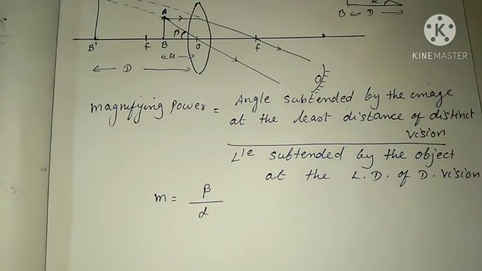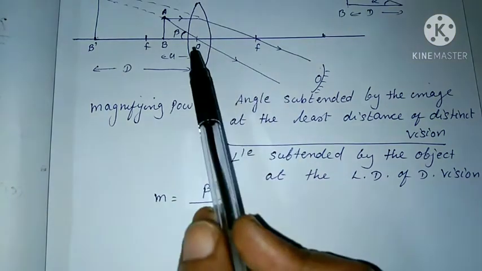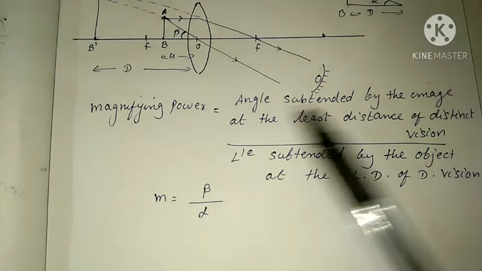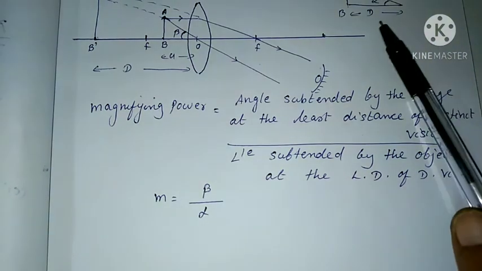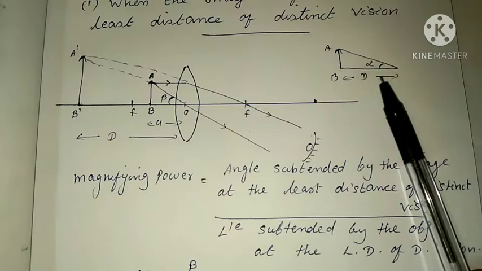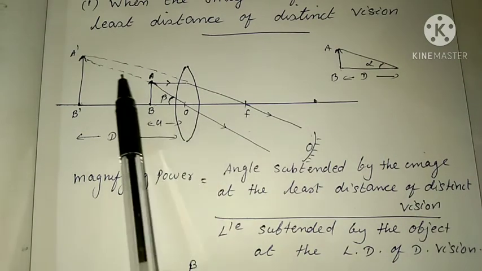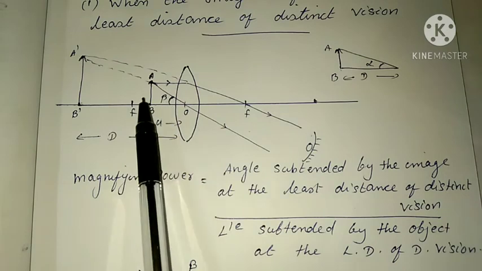Angle subtended by the image at the least distance of distinct vision and the angle subtended by the object at the least distance of distinct vision. Why do we separately draw the object with the angle here? Because the angle subtended by the object and the angle subtended by the image are the same.